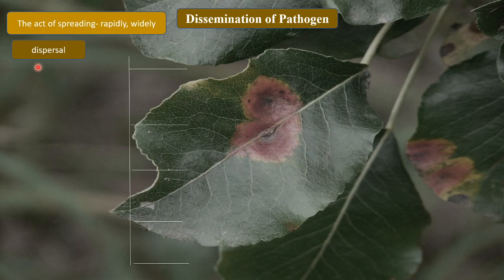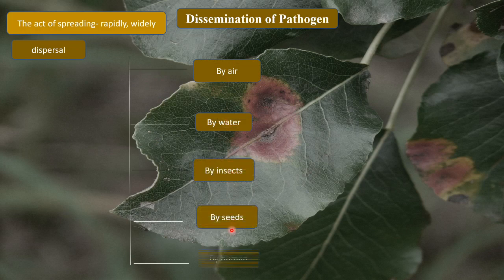Now this dissemination could be by air, by water, by insects, by seeds, and by humans, right? By air there could be two ways. First, sometimes when the spore is present in the air, it touches wet surfaces like walls or a plant leaf, right?